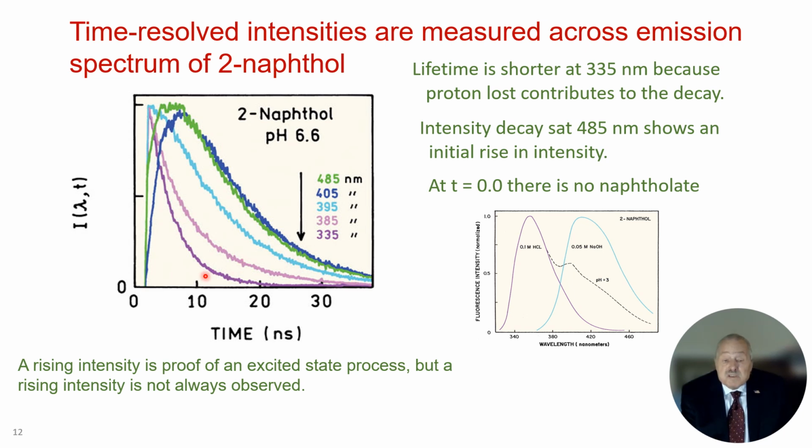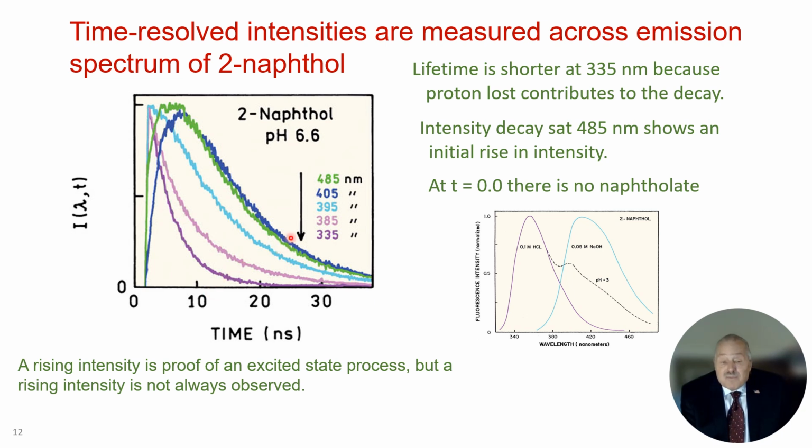The reason for this is at the shorter wavelength, the naphthol is decaying not only by its normal excited state reaction, but by the loss of a proton. So that's depopulating the first excited state more rapidly.